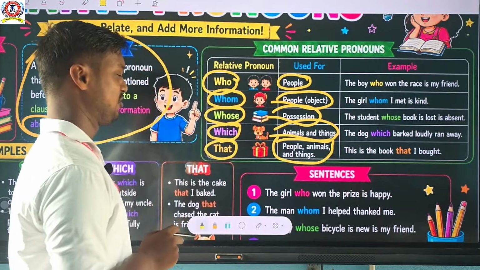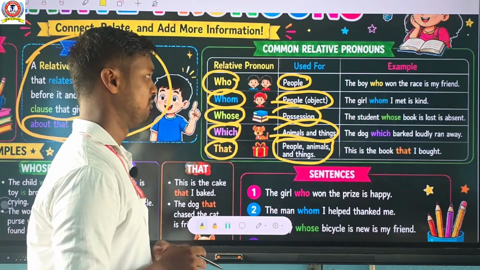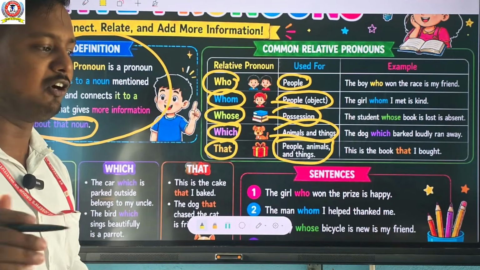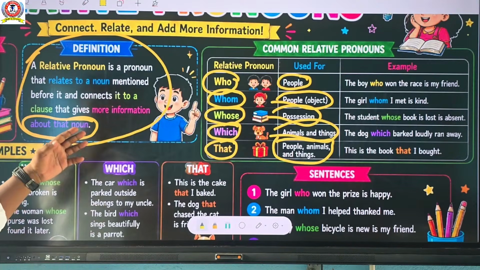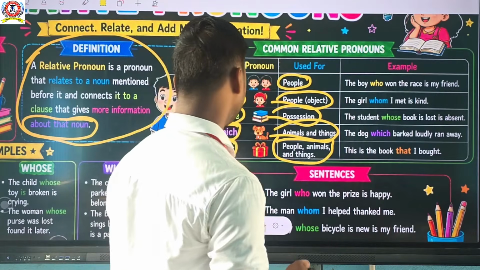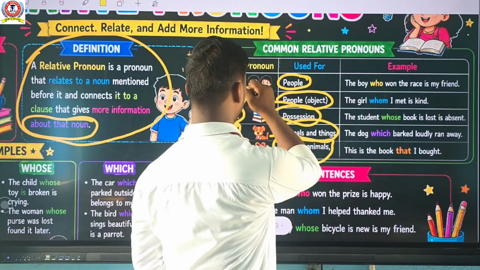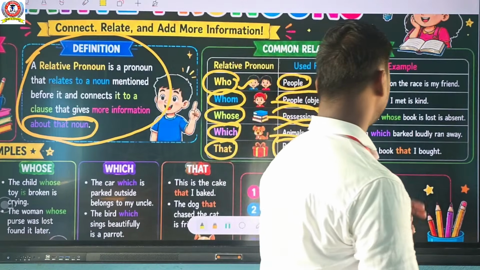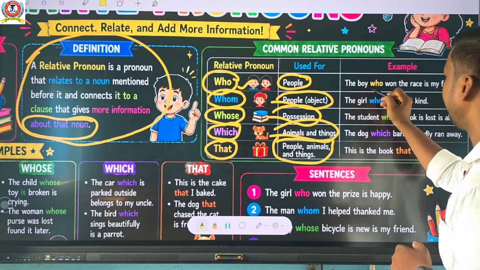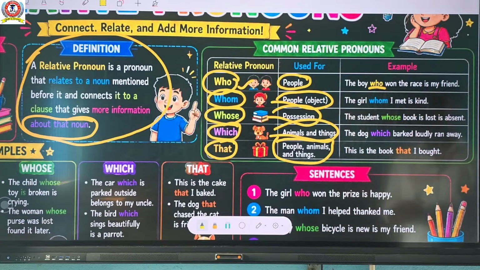So one by one we have to discuss. Students, you have to note it. If you have any doubt, you can ask me in the chat box. So first we have to know what who is. For example, the boy who won the race is my friend. Who is here?